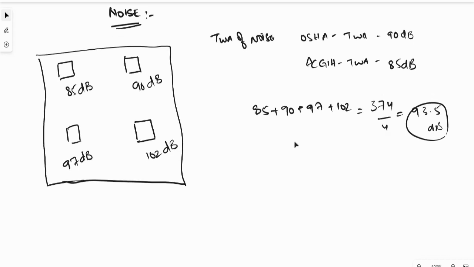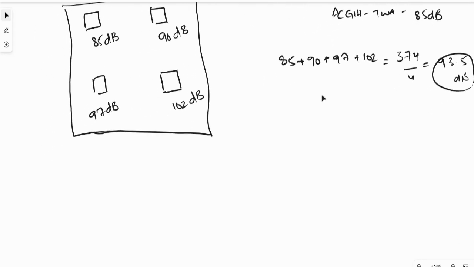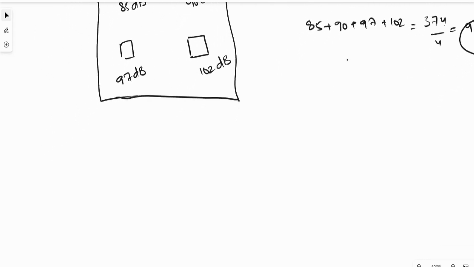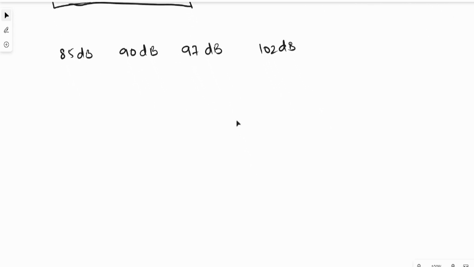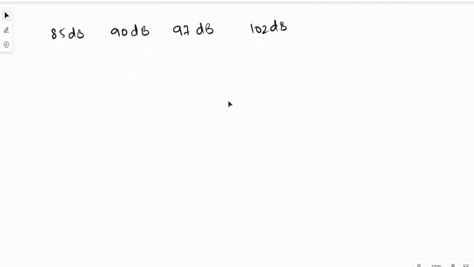Now let's take the limits we have: 85 dB, 90 dB, 97 dB, and 102 dB. We have a certain formula that we should use to find the total noise level.